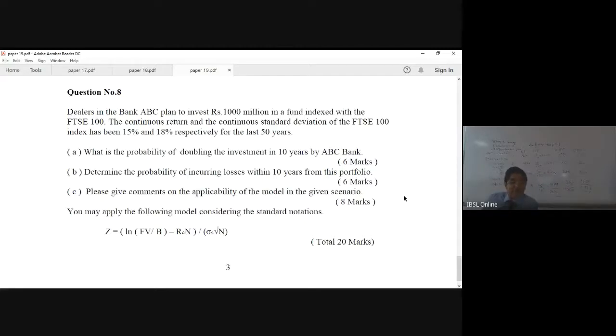So that is what you have to write here as comments. The applicability depends on the possibility of making the assumptions. If the assumptions are not realistic or not probable, then the model may not be valid for these calculations.